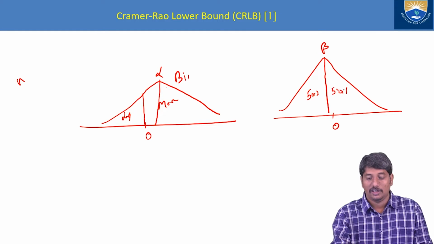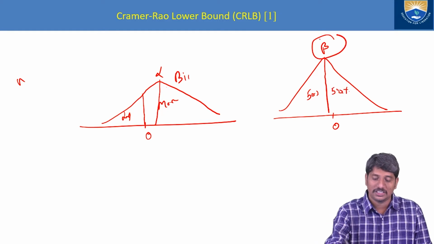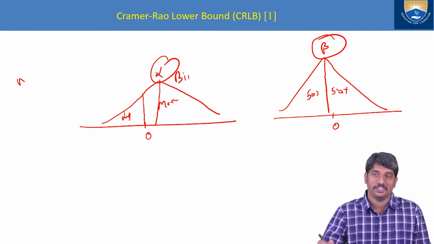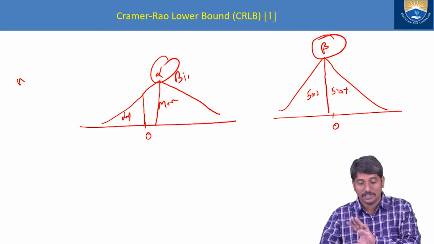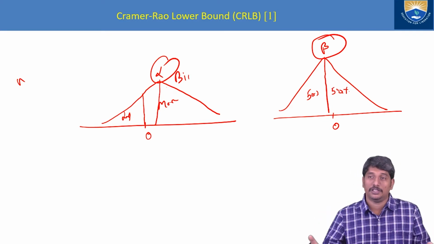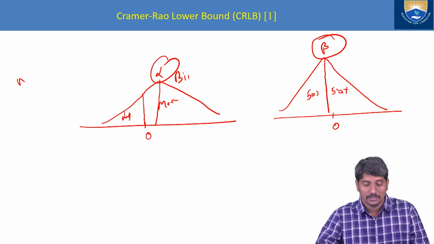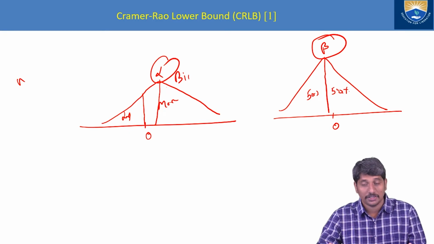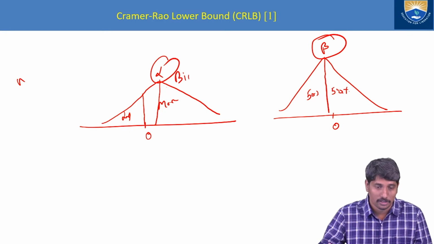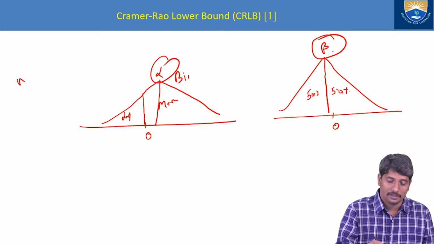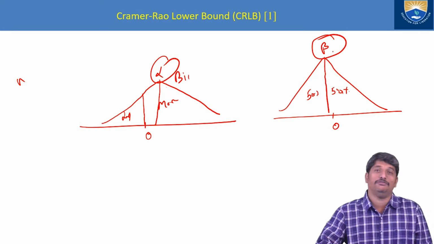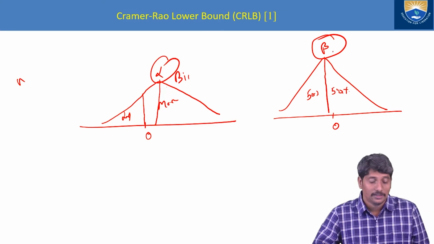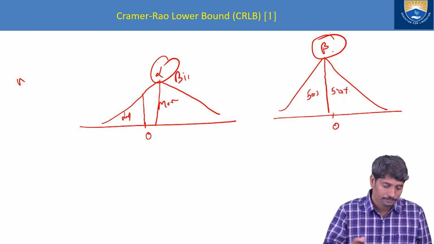This is called unbiased. That means beta is an unbiased estimator rather than alpha in estimating theta because the area has been equal. That means the data has been equally spread on either side of its central line. But whereas for alpha, more area is on the right side and less area on the left side. That is not unbiased. Okay, so we consider beta here. That is the first thing. So this is the way to geometrically analyze the unbiasedness of an estimator.